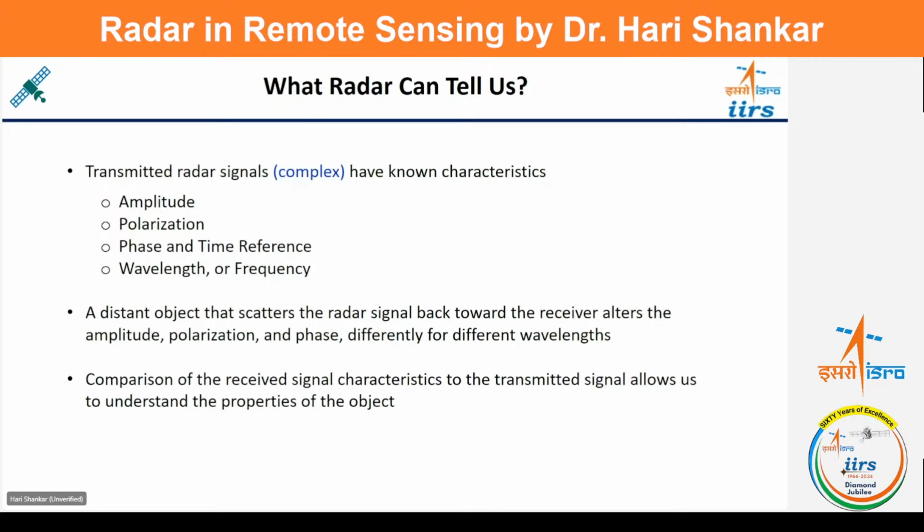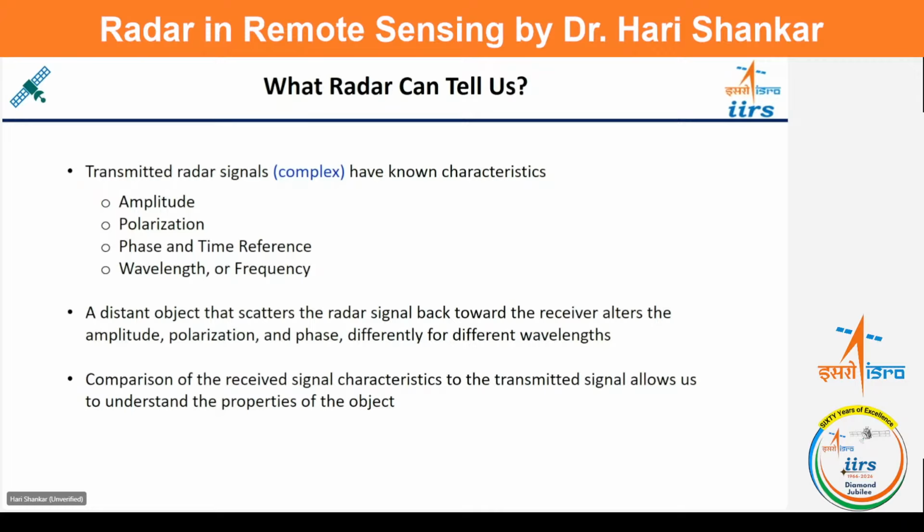So in a nutshell, these four types of information we can have with the radar signals: the amplitude of the signal; the polarization, whether horizontally polarized, vertically polarized, or compact polarization, a combination of the plane and the circular; and the phase information, which may be geometrical phase, temporal phase, or scattering phase.